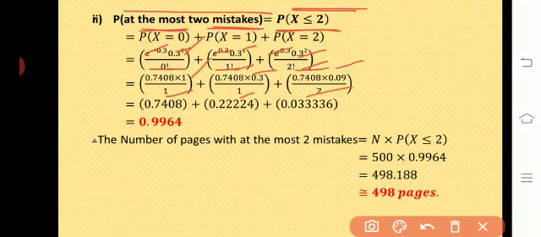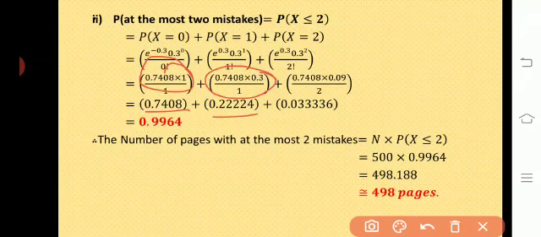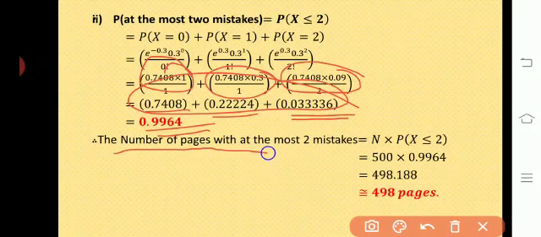If you simplify this, the first term gives 0.7408, the second gives 0.2222, and the last gives 0.033336. If you add all these, you will get 0.9964.